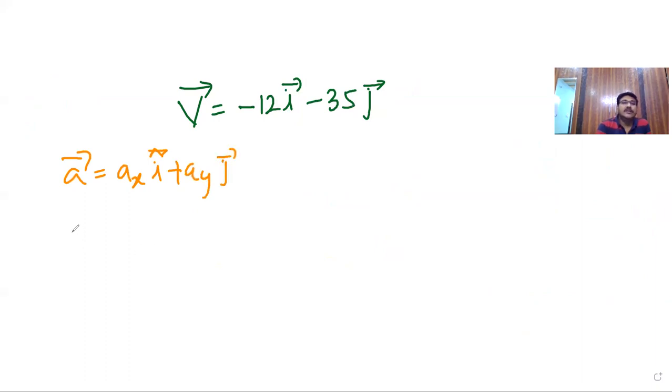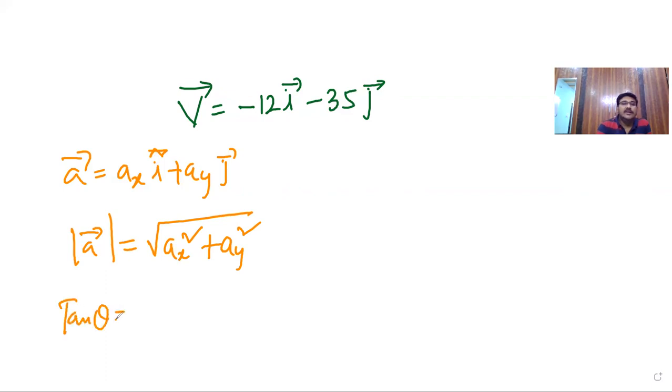Then the modulus, the magnitude of this vector, is the square root of AX square plus AY square. This is the magnitude. And direction? Direction is tan theta equals AY by AX. So here also the same thing.